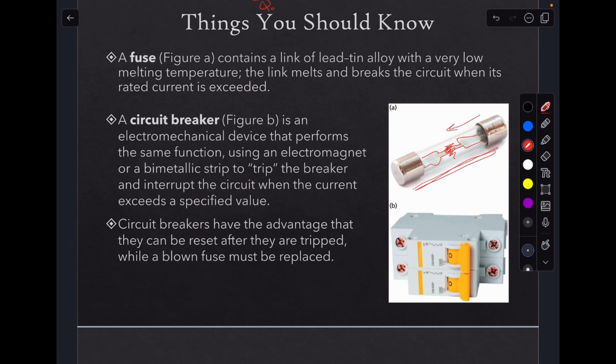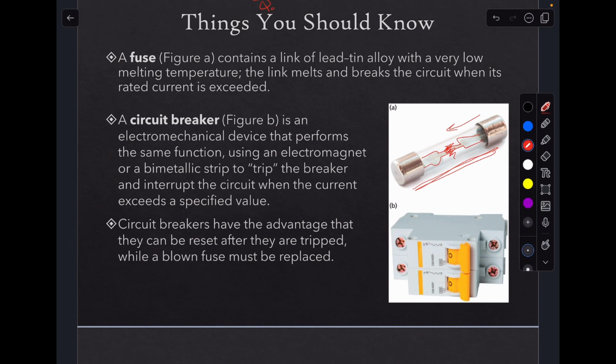Circuit breakers are a device that functions very similarly to a fuse, but they work a little differently. They flip when a large amount of current has reached them, and that's to stop that large amount of current from continuing to flow and damaging whatever's on the other side.